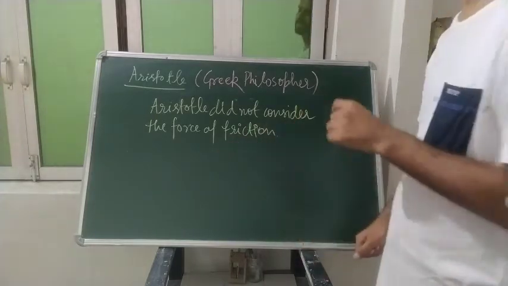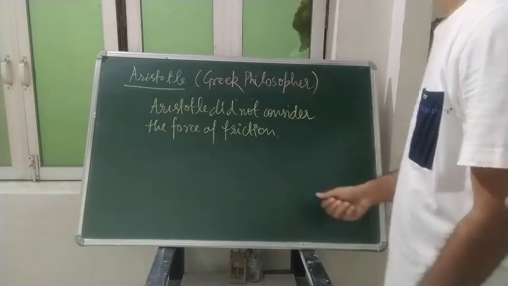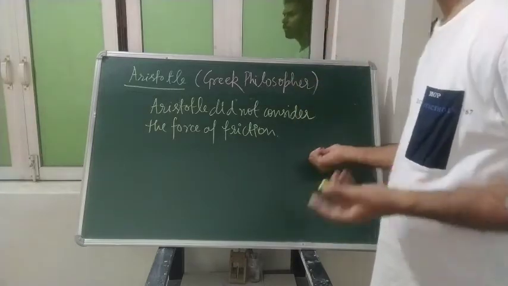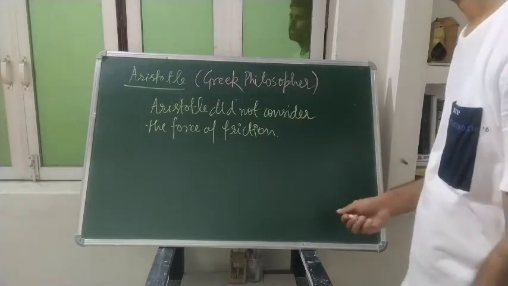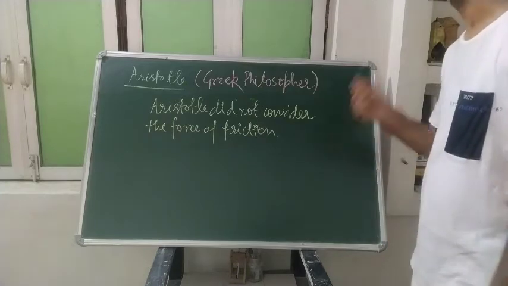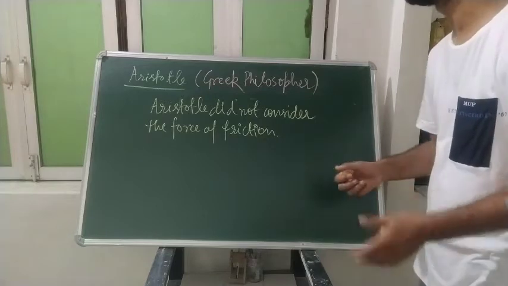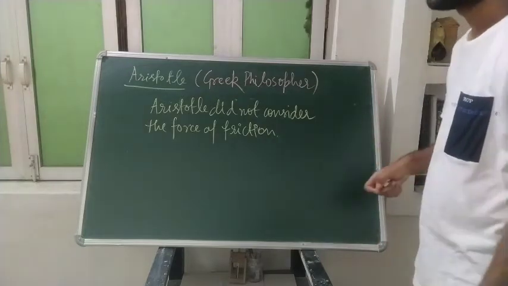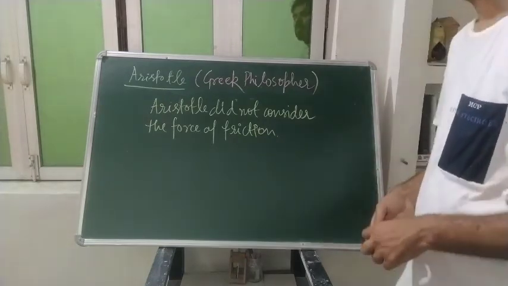It is because of friction, which he did not notice. This theory was proven wrong by Galileo, and we shall move to that. Galileo explained that the body is stopping because of friction, and Aristotle was not able to notice that. Next we shall move to Galileo's theory.